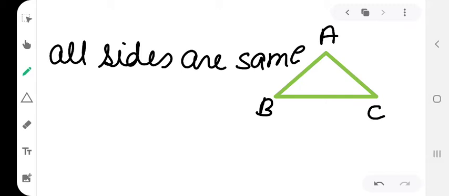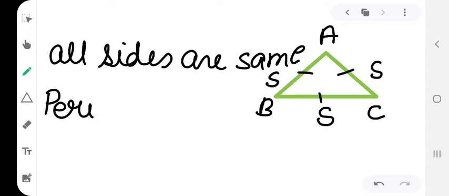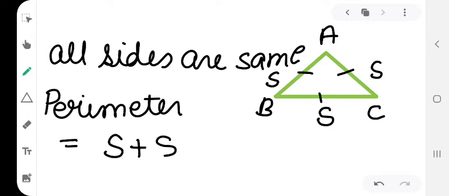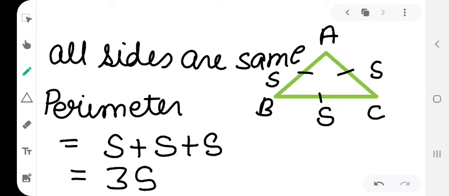So if one side of this equilateral triangle is S, then all the sides are S. To find out its perimeter, what do we have to do? We have to add all the sides. So perimeter will be S plus S plus S. Now we have 3S. So that gives us the formula of equilateral triangle. Perimeter of equilateral triangle is 3 into side.